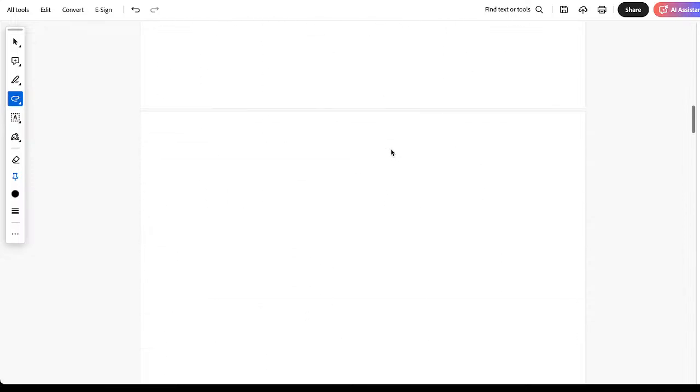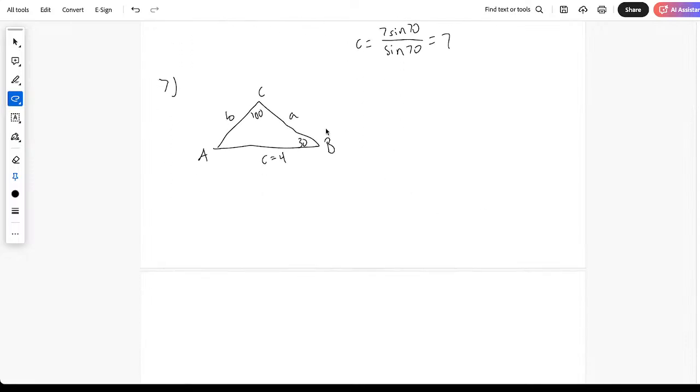So if we plug that in down here, then we have sine of C, which is sine of 100. I'll put that in parentheses, like so. And that's over the opposite side, which is the little c, so that's 4. And that is equal to both the sine of A over A and the sine of B over B. And we need to find A, B, and A. Side A, side B, angle A. That's what we need to find.